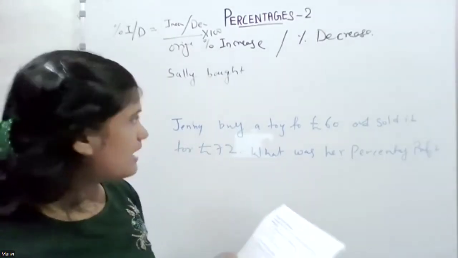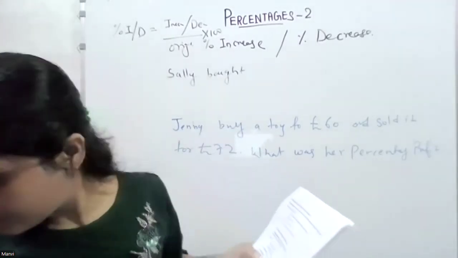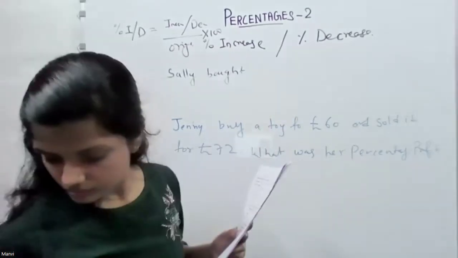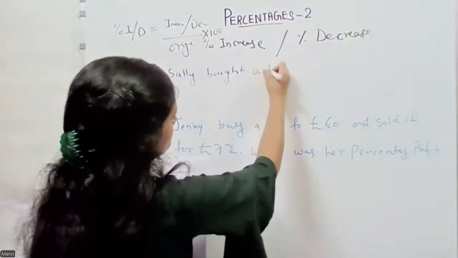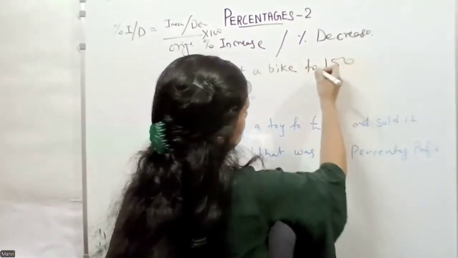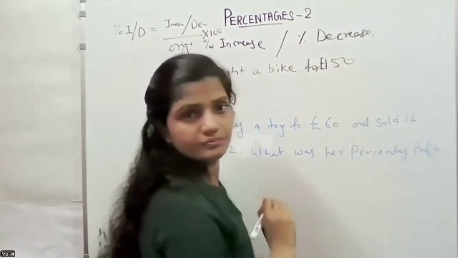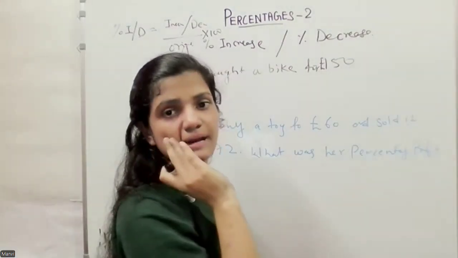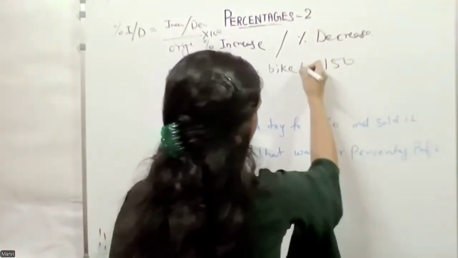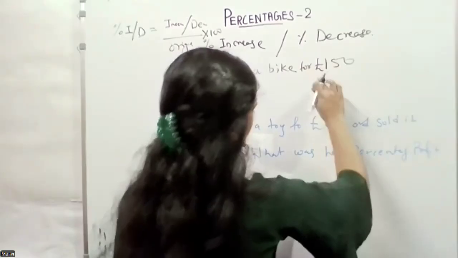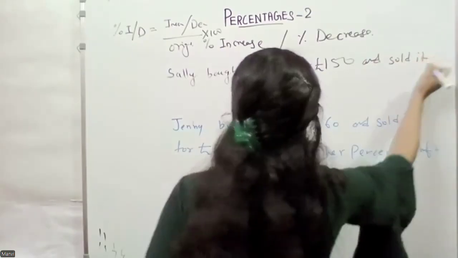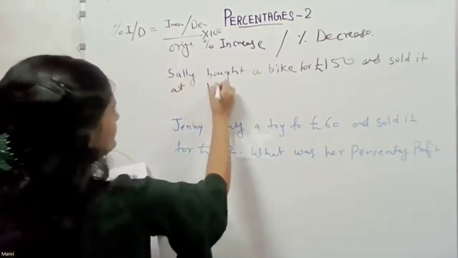For example, if I ask that Sally bought a bike for 150 pounds and sold it at 120 pounds.